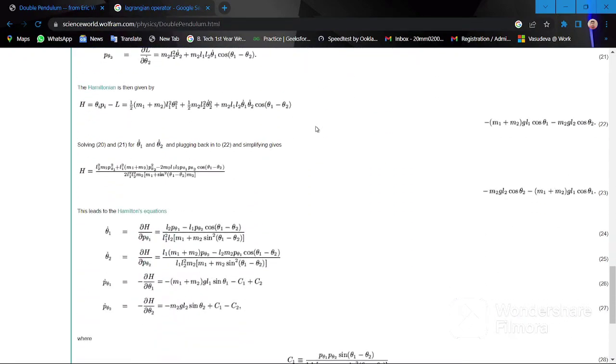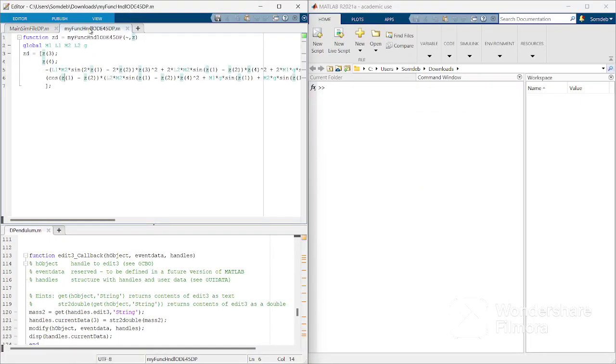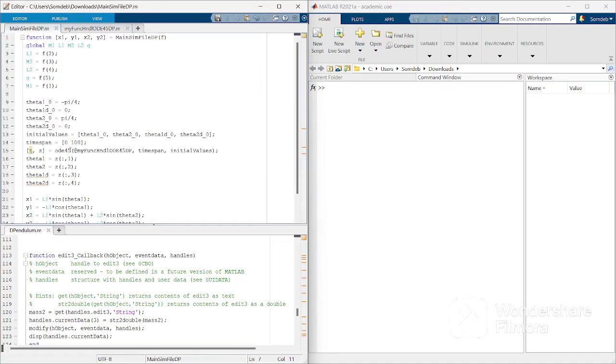After that we move on to this code. I have done it the same way. I have defined a matrix ZD, where Z3 is theta 1 dot, Z4 is theta 2 dot, and Z1 and Z2 are theta 1 and theta 2.